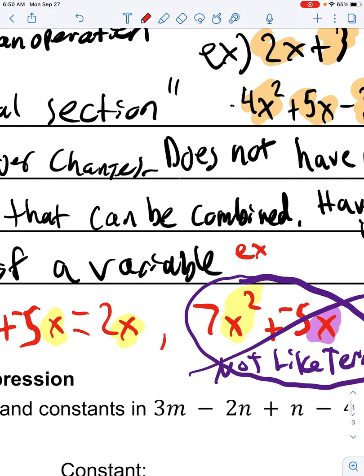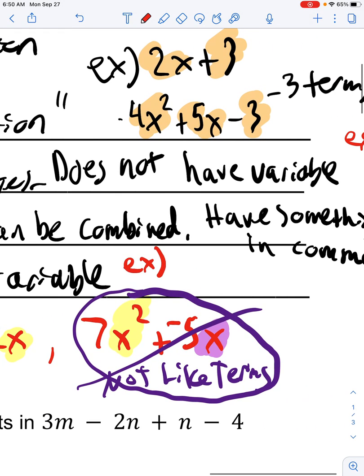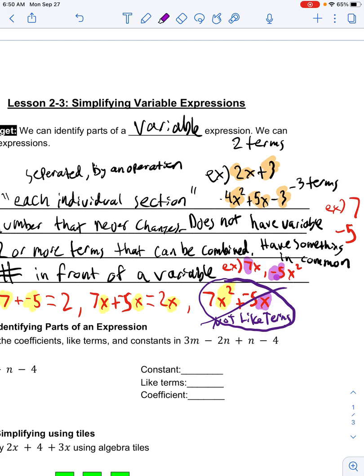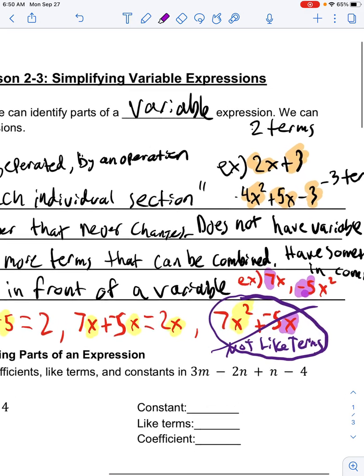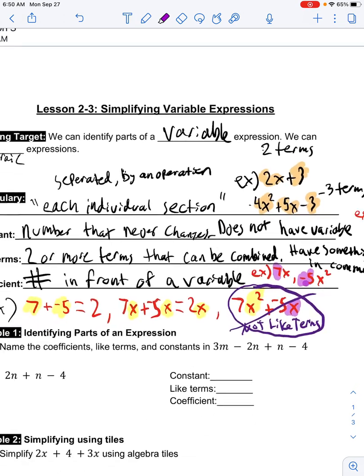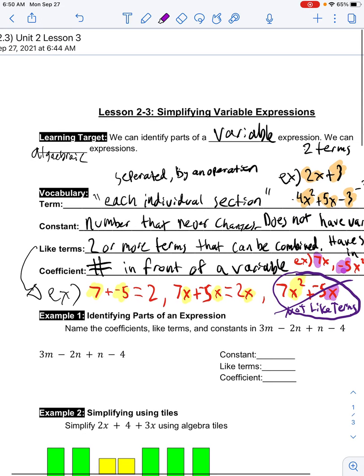I'll do an example. If I have 7x, the coefficient is 7. If I had -5x squared, the coefficient is -5. The coefficient is the number that's in front of your variable.